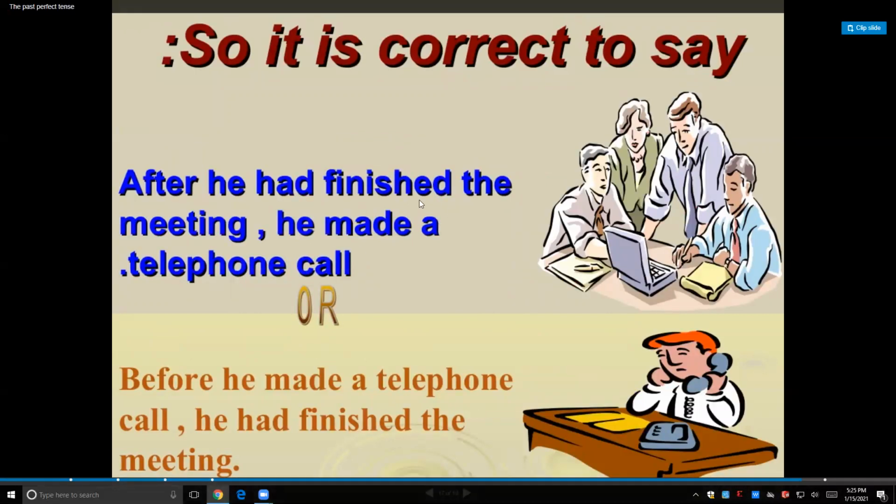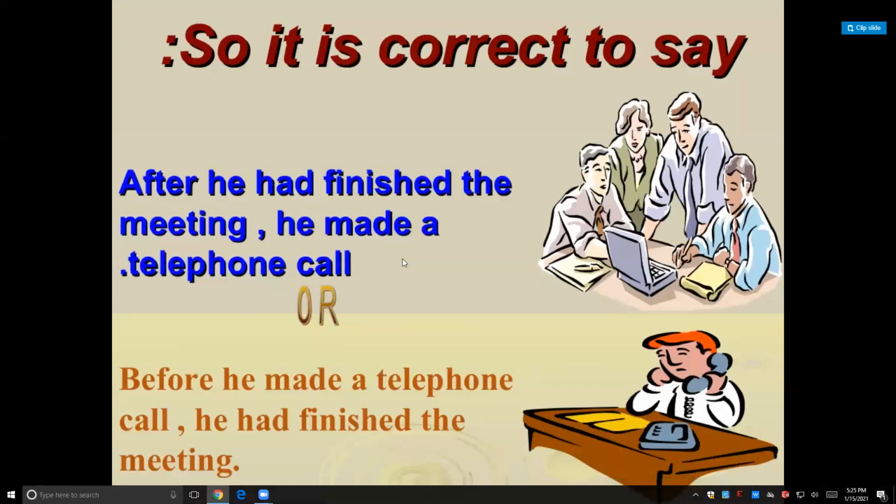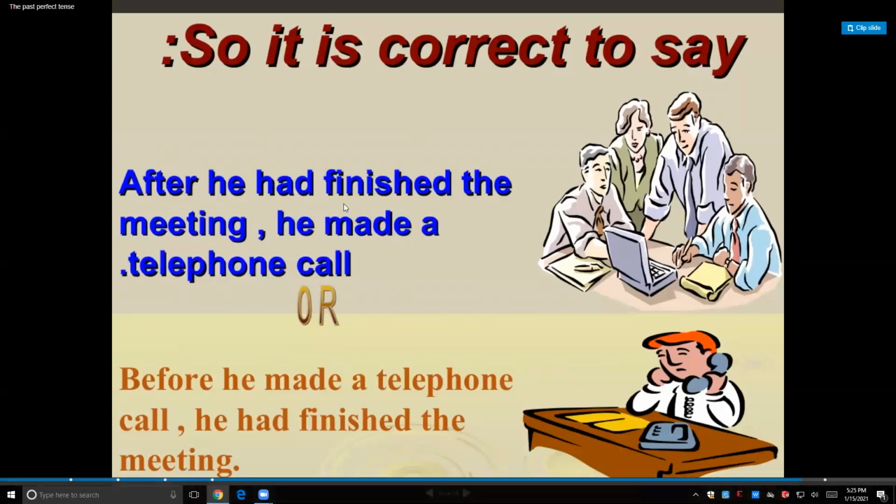So it is correct to say, like, after he had finished the meeting, he made a telephone call. Again, if you see this sentence, which action took place first? There are two actions. He finished the meeting and he made a telephone call. Of course, he finished the meeting first and then he made a telephone call. This is the action which took place first, so it has to be in past perfect.